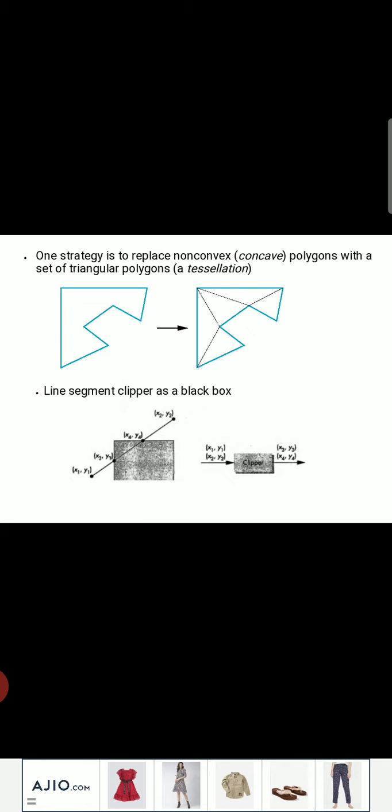Clipping a line segment against the top side of the window has the inputs the two endpoints and the y max value, and then clipping against each side of the window is independent of other sides.